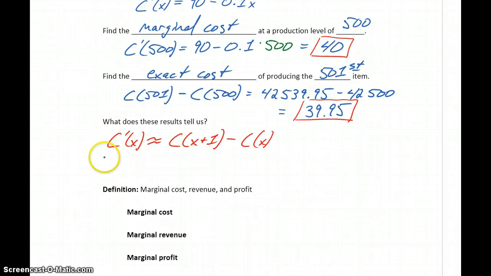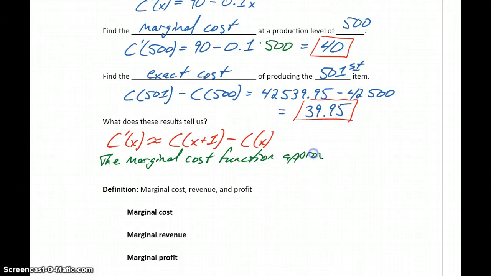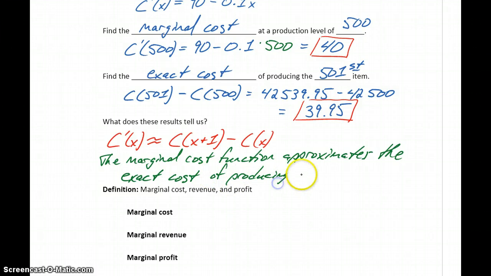Or another way to say that, more in plain English, is that the marginal cost function approximates the exact cost of producing one more item.